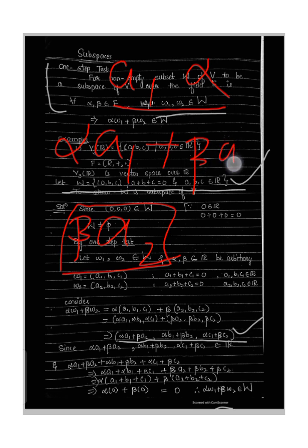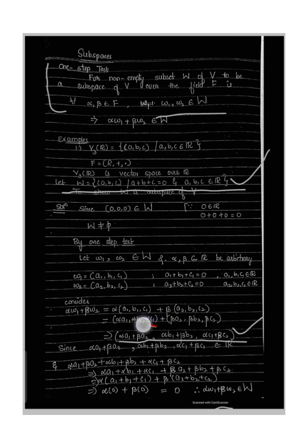The addition of two real numbers is again a real number. So this is a real number, this is also a real number, and this is also a real number. So all the elements of the ordered triplet are real numbers.